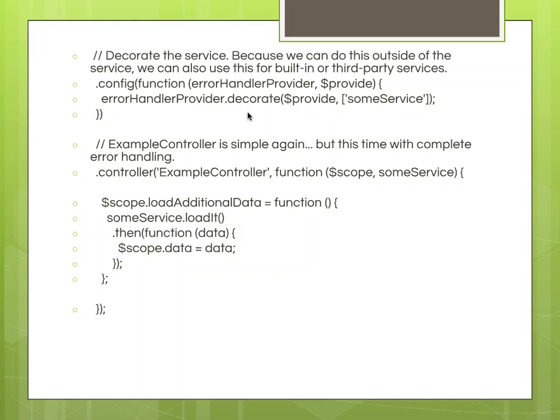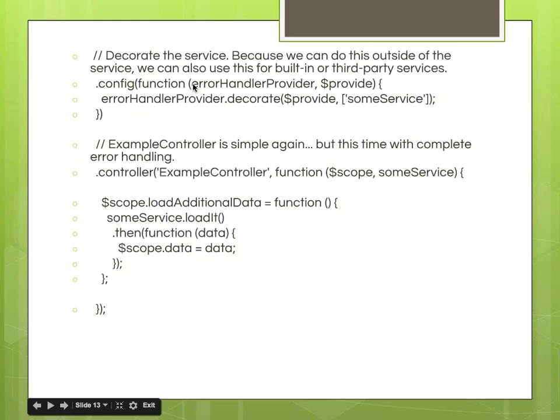And then we can decorate each function for error handling. So the need was to pass all the services in terms of an array. This is how we can do it.